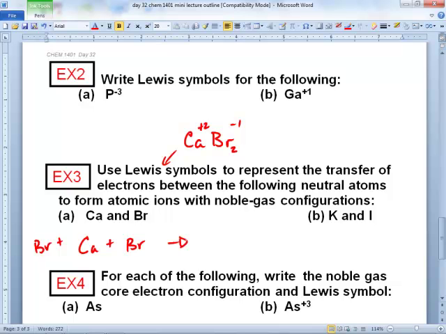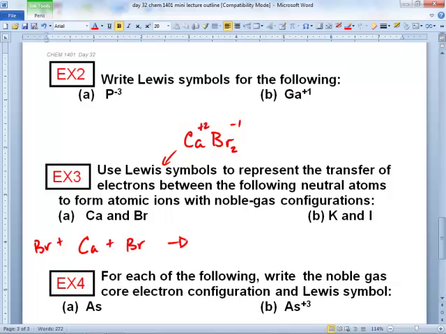And have a little plus, show it plus, that you were adding them up. They're reacting or something. Now, don't write ions on this side. Ions are going to end up over there. So no ions over here. Calcium needs how many dots? 2. Do you have 2 dots on there? Oh, okay. All right. And 7 and 7.